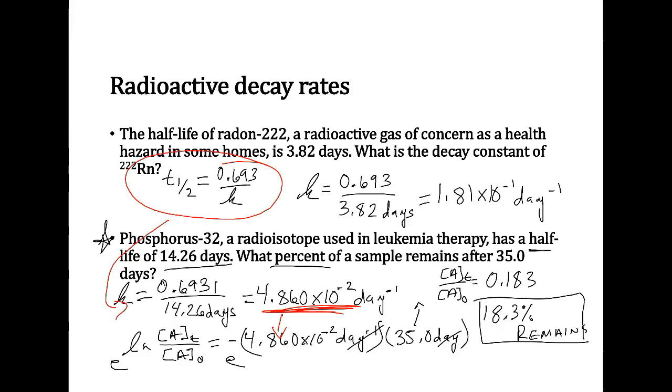To solve for the ratio of A sub t over A naught, how much remains, you had to get rid of the natural log. We found it was 0.183, so then you multiply by 100 to get 18.3% remains. If it asks you how much was consumed, then you would just take 100 minus the 18.3 to tell how much is consumed.